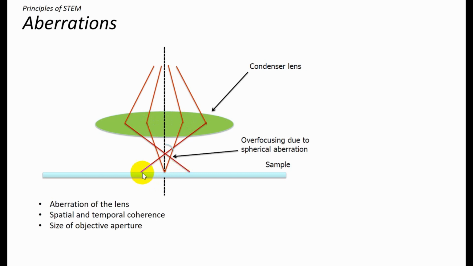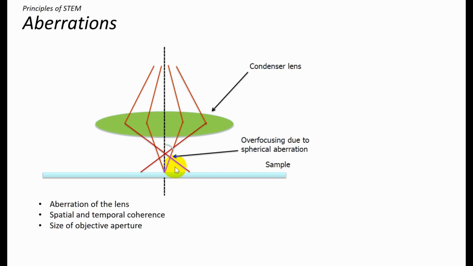As a result we have a very big probe, which directly hampers the resolution in STEM imaging. So basically we want to correct such a thing with the probe corrector.